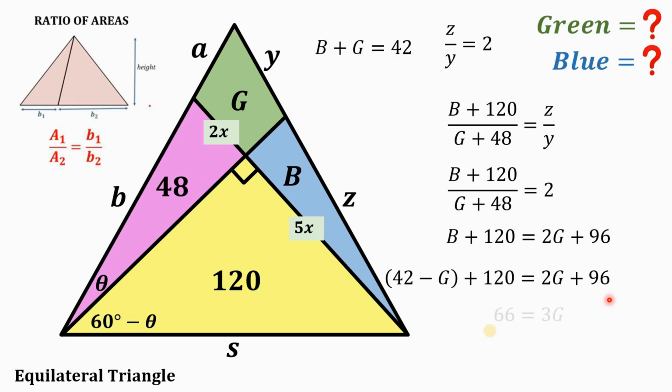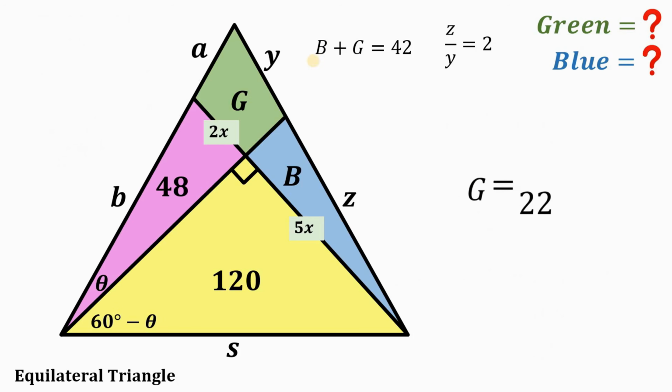Now, simplify this equation, we get 66 equals 3g. Divide both sides by 3, we get that g equals 22. Now, since g is equal to 22 and b plus g is 42, we can say that b simply equals 20.